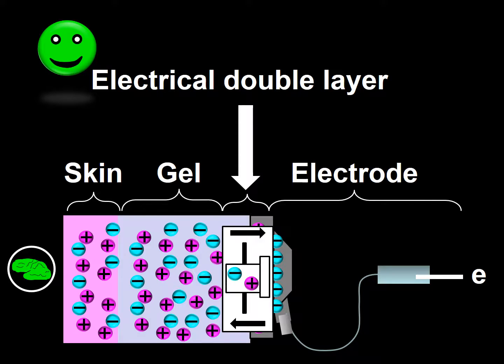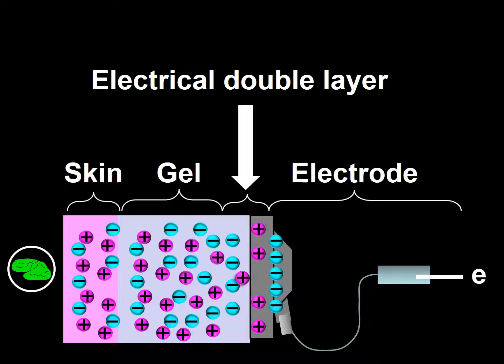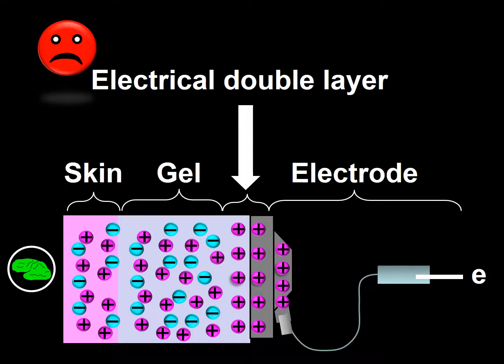So charges move and are transformed at the electrical double layer. But as we know, not all electrodes are good. Bad electrodes produce a dysfunctional electrical double layer. This may occur when positive charges accumulate.